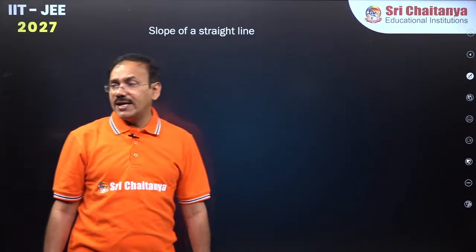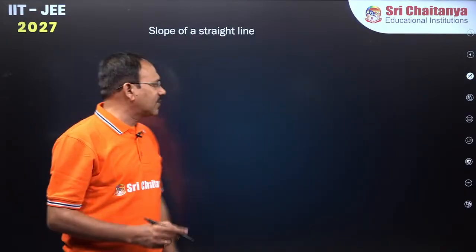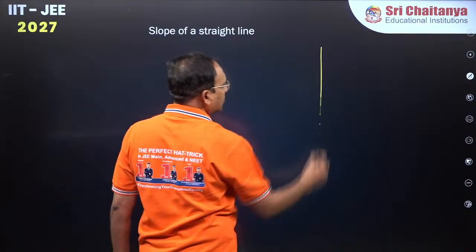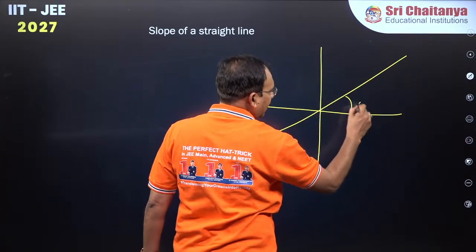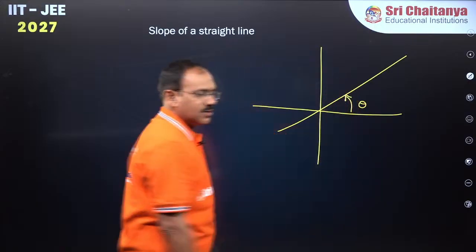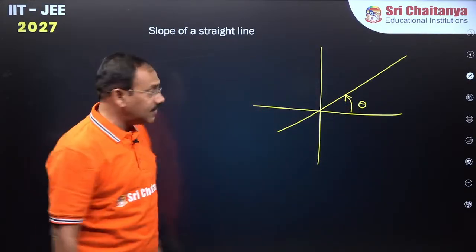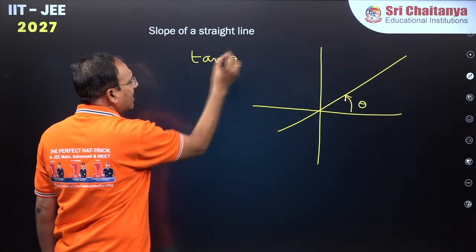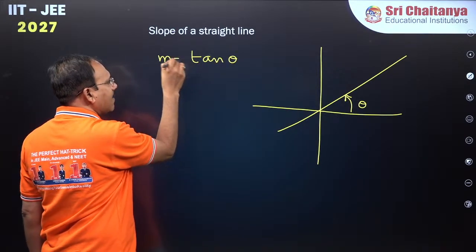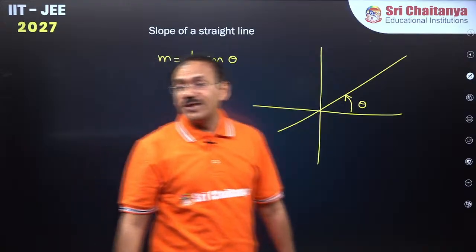Now we define the slope of the line. Suppose, dear students, a line makes an angle theta with the x-axis in the anti-clockwise direction, then the number tan theta will give you a number, right? That number m is called the slope of the line.